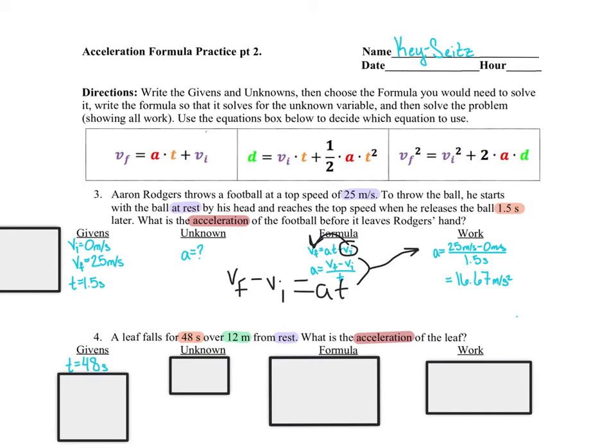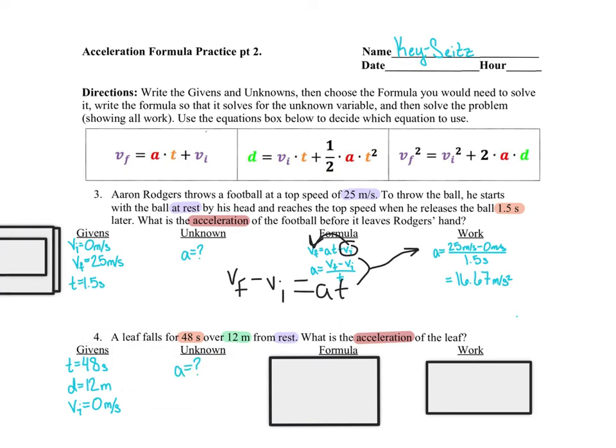Well, meters is a distance. So we have distance is 12 meters. And it says from rest. So that means that it is starting its velocity at 0. So our initial velocity is 0 meters per second. It asks us what the acceleration is, so that tells us our unknown should be acceleration.